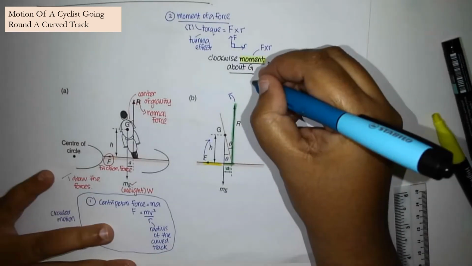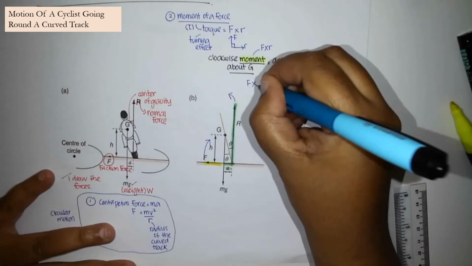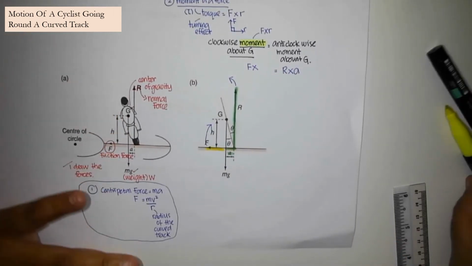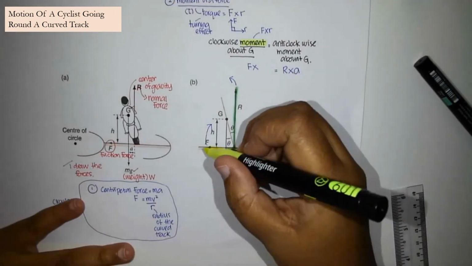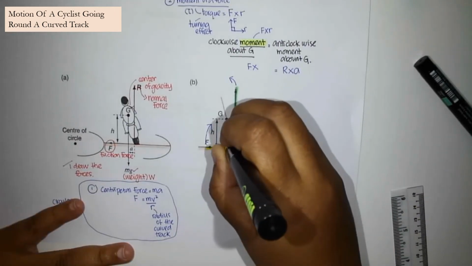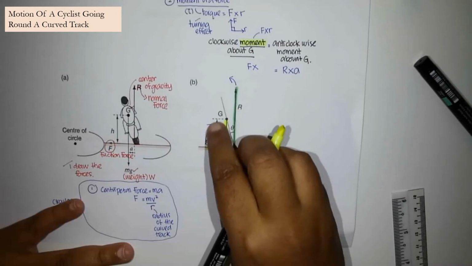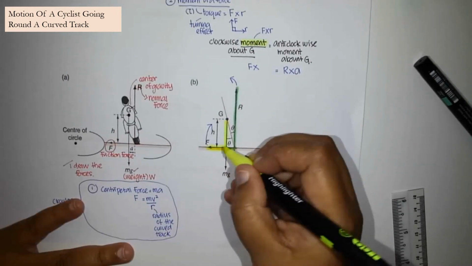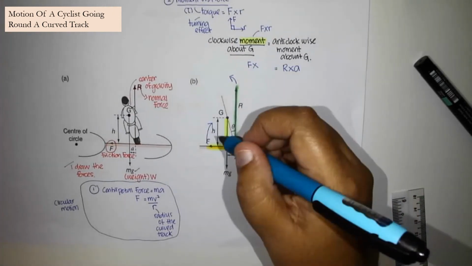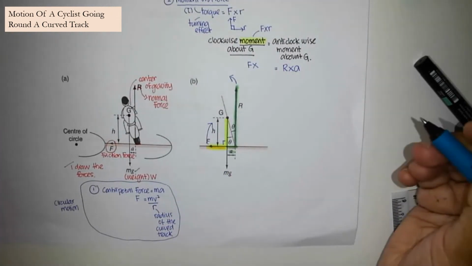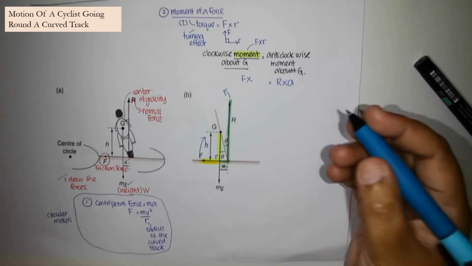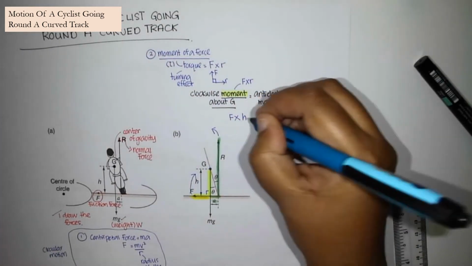So it is F times the distance which is perpendicular. The distance that is perpendicular to the force is this, which is H. So we have F times H.